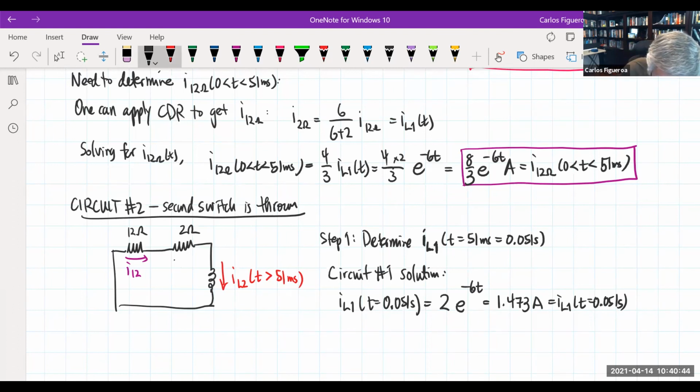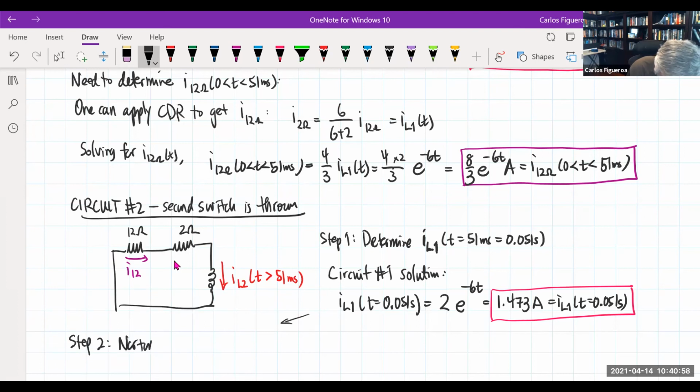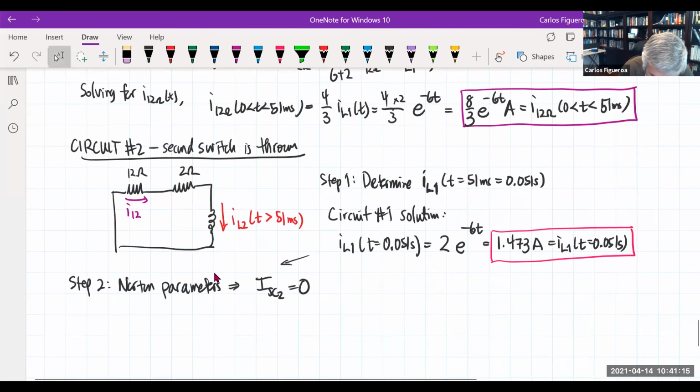I got that guy. Okay, now that I got that guy, let's go get our Norton parameters. So I'm going to bring this over to here. So then step 2, I need my Norton parameters. And you can see that this will be pretty fast. The short circuit current for circuit 2 is of course 0. There's no sources here. And we can sort of eyeball this thing. If I remove the inductor, you can see that the 12 and the 2 are in series.